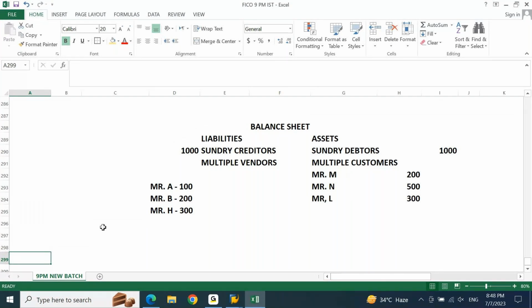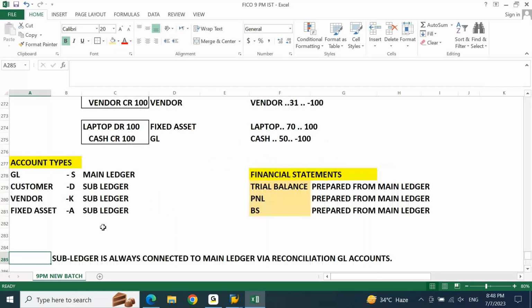Any other questions? Sir, we are not talking about bank related GLs here. Here we are only talking about GL as a whole. So whatever you are writing as cash, it is the same for any account, whether it is a P&L account or a balance sheet account. The account name will change, the amount will change, but the way that you are debiting and the way that you are crediting is the same.